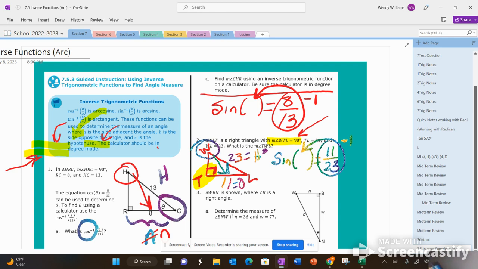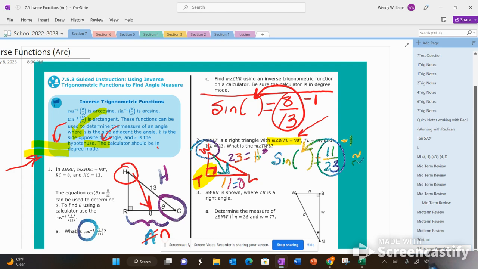11 divided by 23 equals, second sine. This time we're doing sine because they gave me the opposite. We're rounding to the nearest tenth. All right, guys, do it on your own before I just give you the answer. 11 divided by 23 equals second sine.